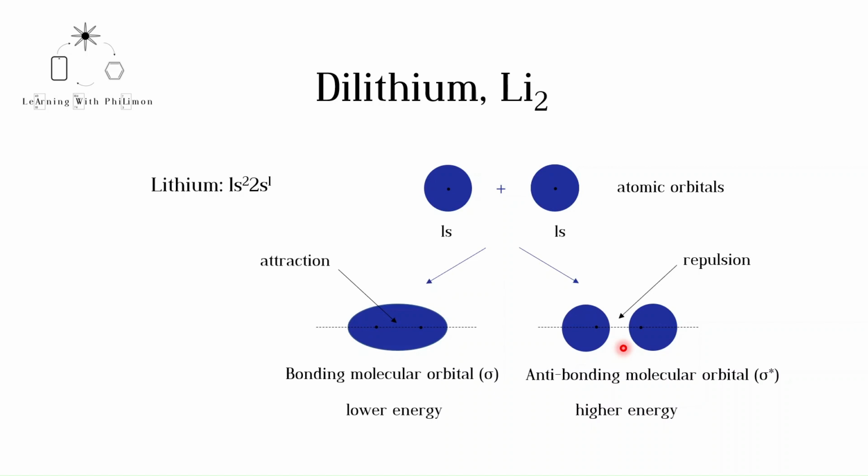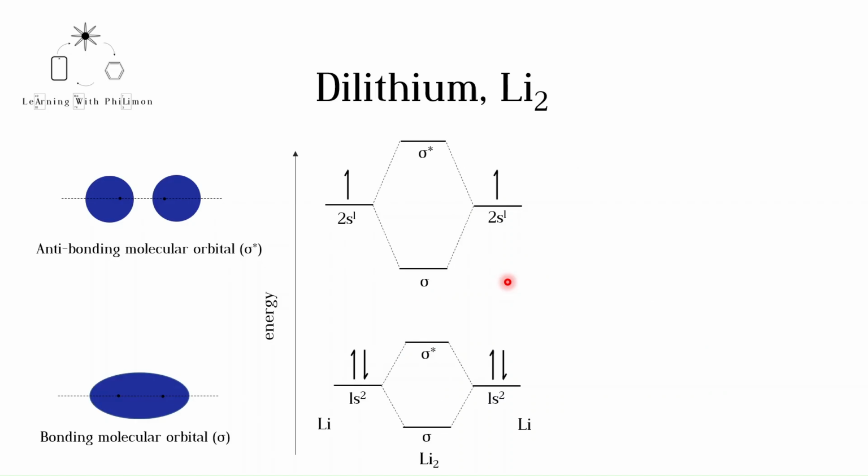To visualize this, we must draw a molecular orbital energy diagram. In this diagram, we see that the 1s and 2s atomic orbitals combine to form two bonding and two anti-bonding orbitals. Note that the bonding orbitals are lower in energy than the atomic orbitals, and the anti-bonding orbitals are higher in energy than the atomic orbitals.